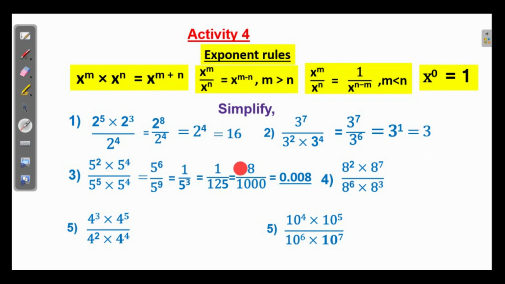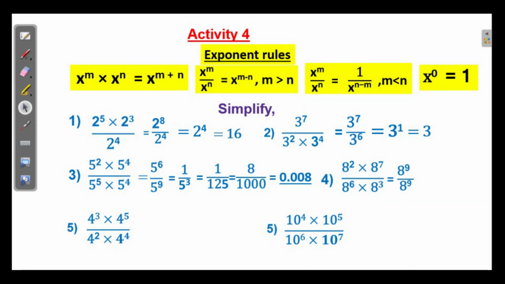Again, the decimal place has to jump 2 times. For that, we have to put 2 zeros here. Okay. 3 zeros means this decimal place will move 3 places to the left. So it is 0.008. You have to bear in mind this trick.